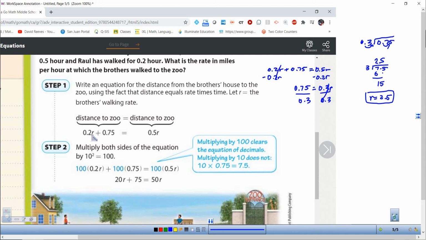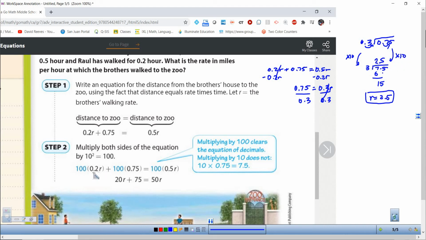So to eliminate tenths, multiply by tens. To eliminate hundredths, multiply by hundreds. To eliminate thousandths, multiply by thousands. It's actually what we did to get from here to here. We actually multiplied both of them by 10. You've been doing that since elementary school, but you probably didn't know what you were doing.